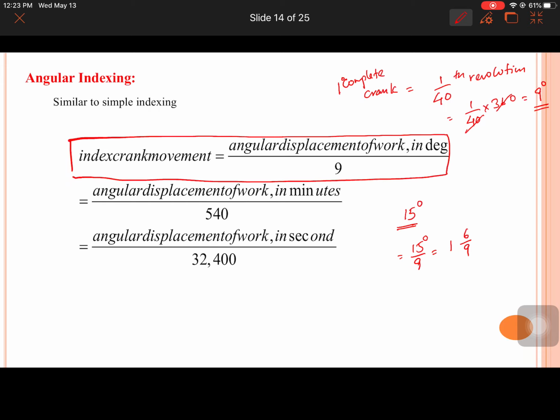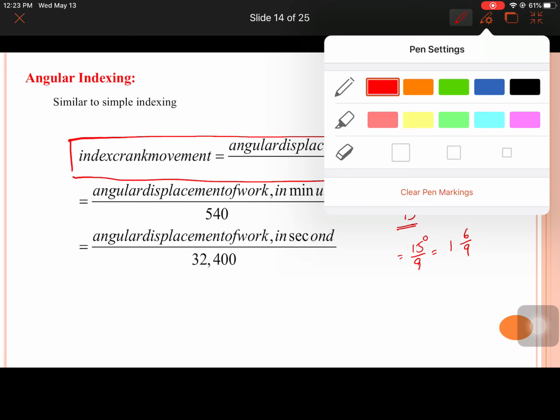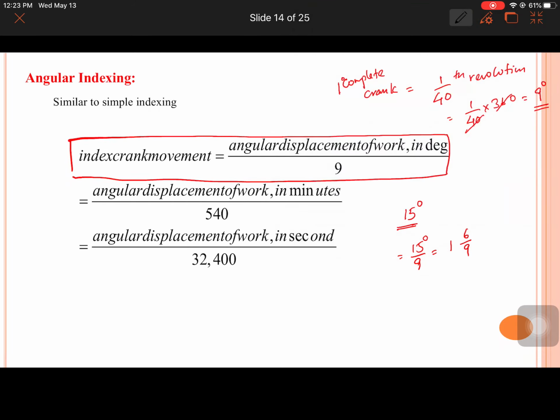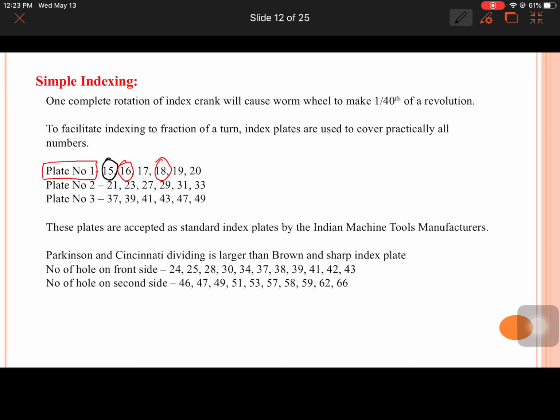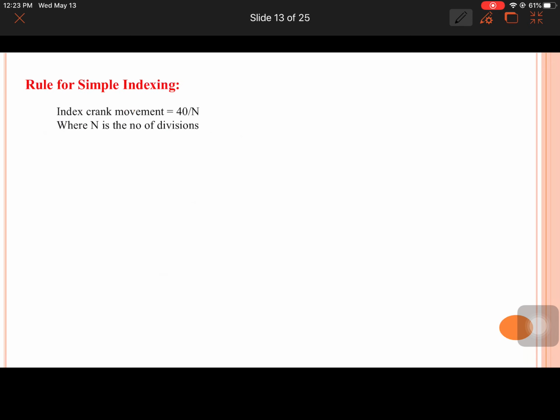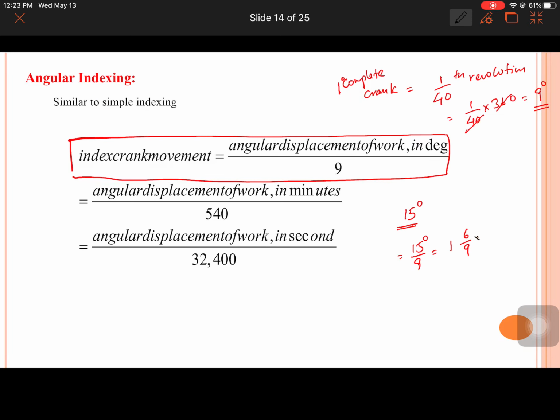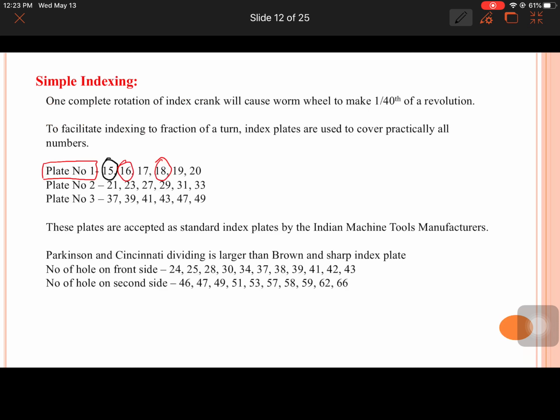This is equal to 1 6 by 9. Now the point is, is the 9-hole circle available here? Let us check. I think that is not available. So we need to multiply with some common factor. So this is 1 12 by 18. So the 18-hole circle is available.